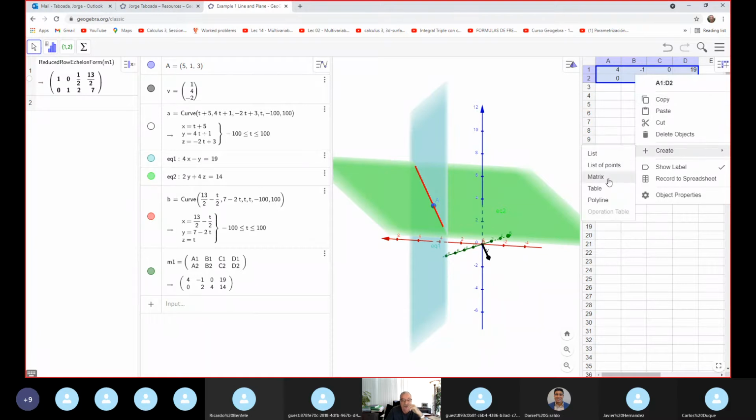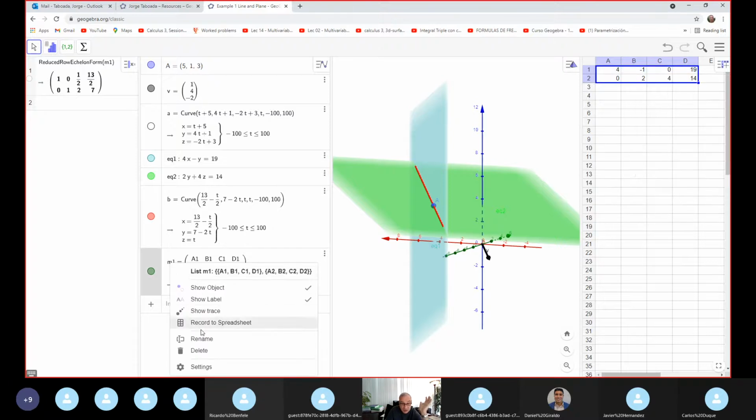Create what? Create a matrix. When you create a matrix, automatically you can see in the algebra part here our matrix. GeoGebra by default names it Matrix 1, M1. You can change the name if you want. Click here, rename. Okay, it's okay for me.